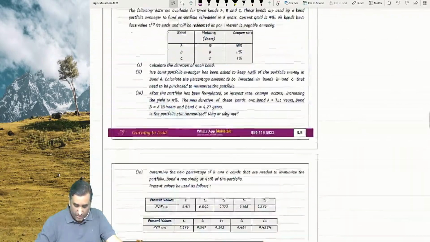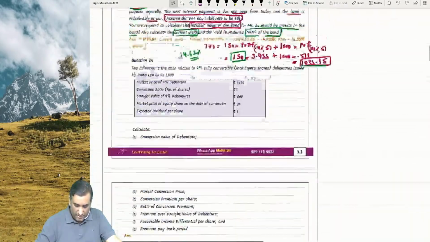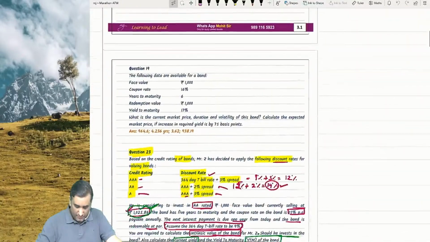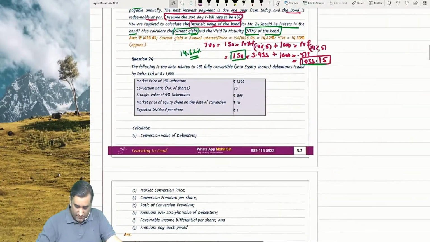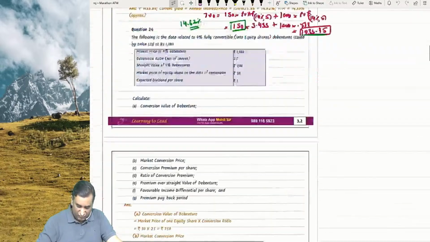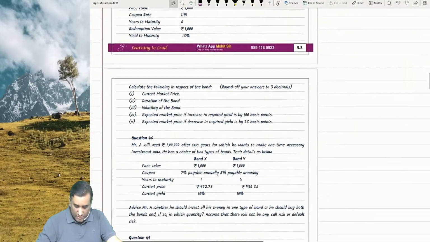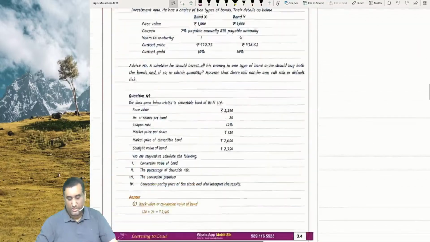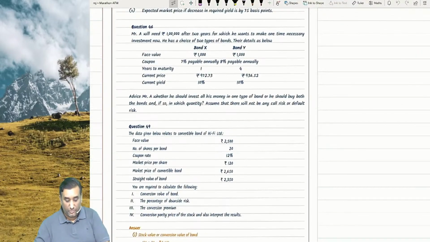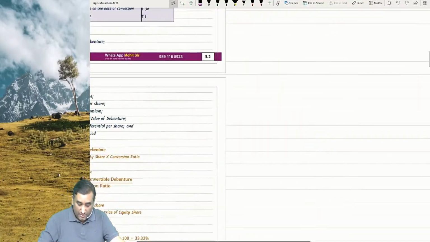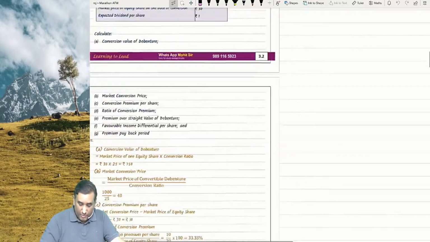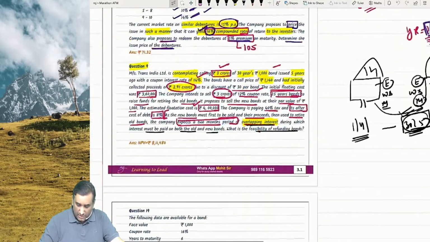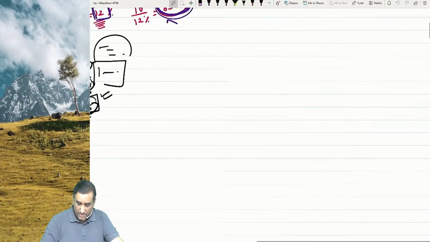Now coming to the other important part of the chapter. These two questions we discussed are commonly repeated. Duration is a very important part. Not going into any in-depth analysis of it. We'll try to learn the formula so that comfort can come.